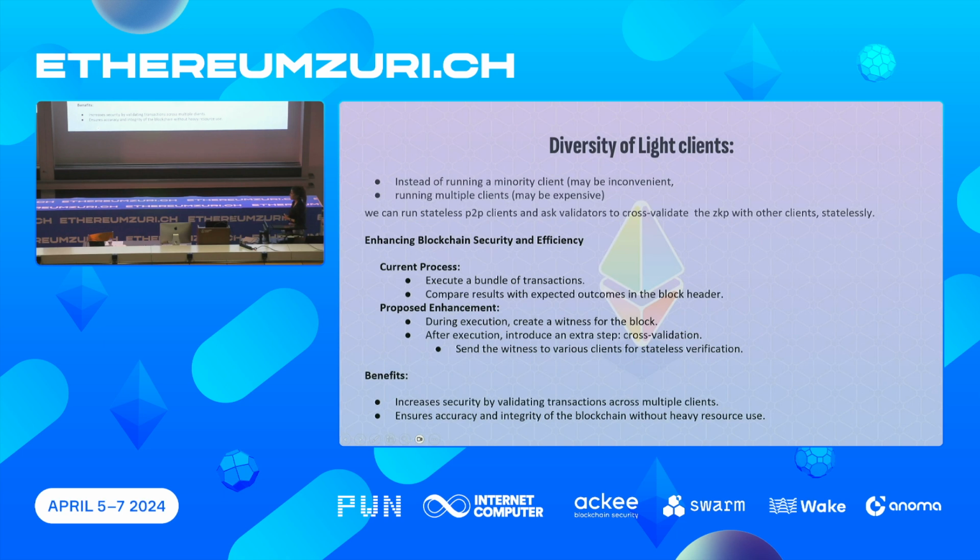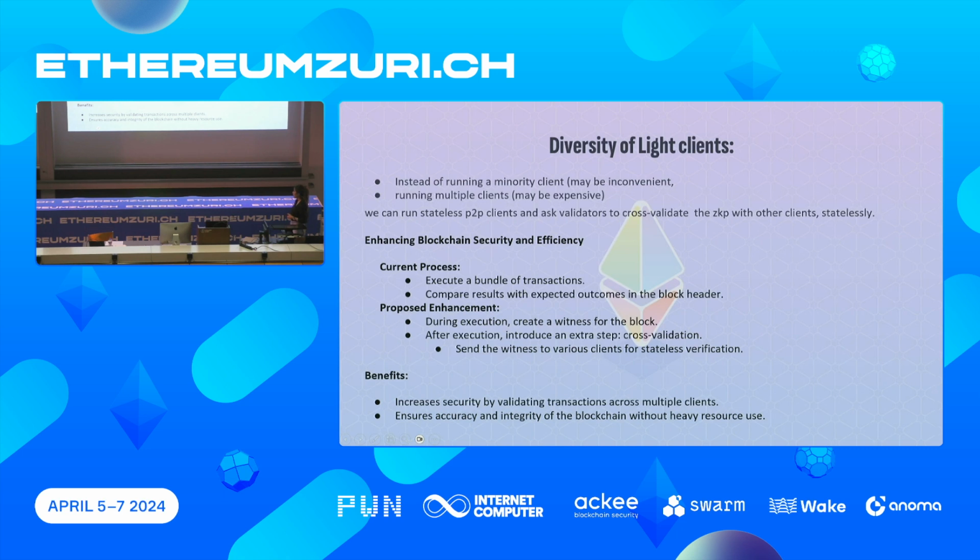In this case, when you have stateless light clients, you will end up having more types of clients running and syncing with the entire network faster. Instead of running minority clients, you will have multiple clients that are less expensive. We can run stateless peer-to-peer clients and ask validators to cross-validate the ZK proof with other clients statelessly, which is the goal of this architecture design.